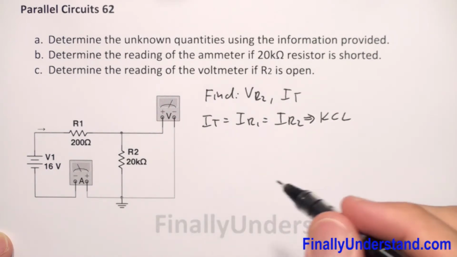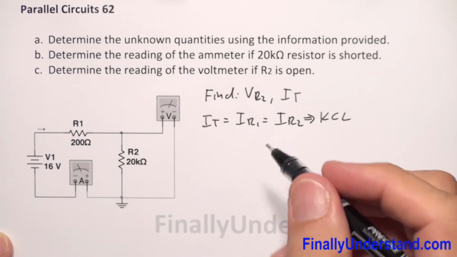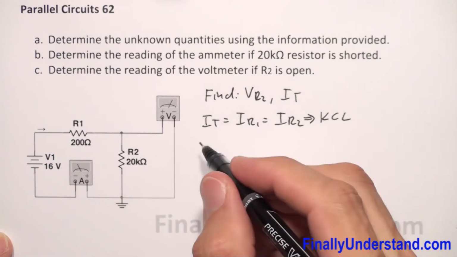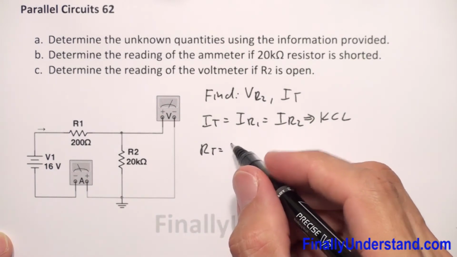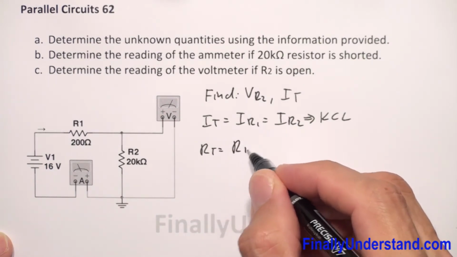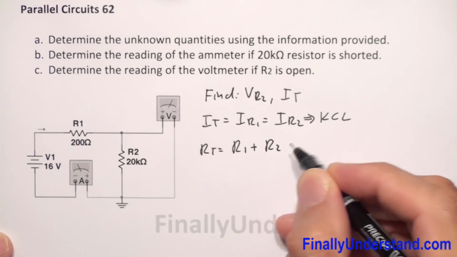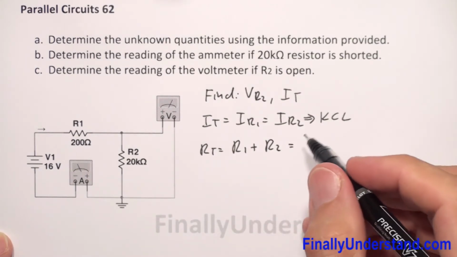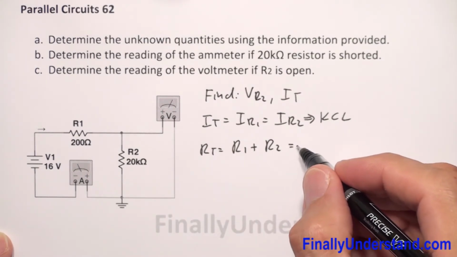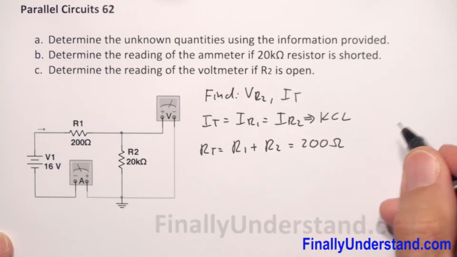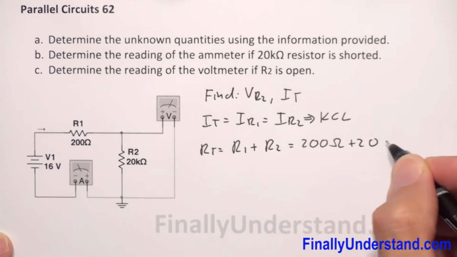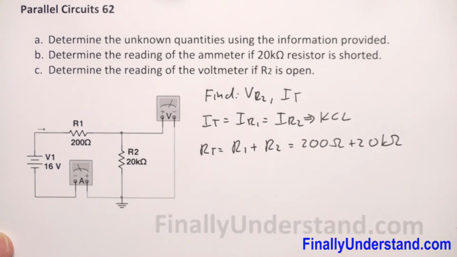Now, in order to do so, we're supposed to find the total resistance. R total is equal to, this is a series circuit, so we simply add the resistances: R1 plus R2. So I have 200 ohms plus 20 kilo ohms.